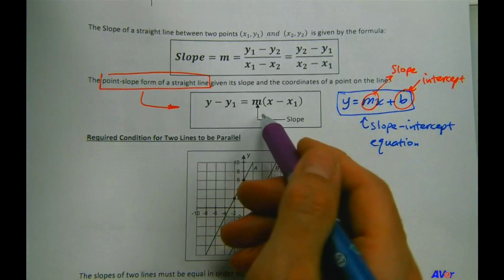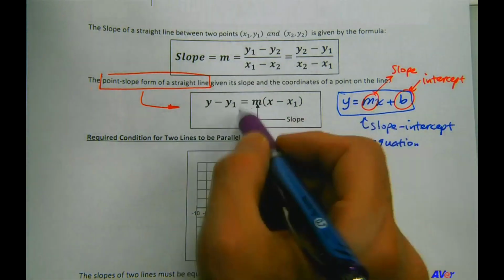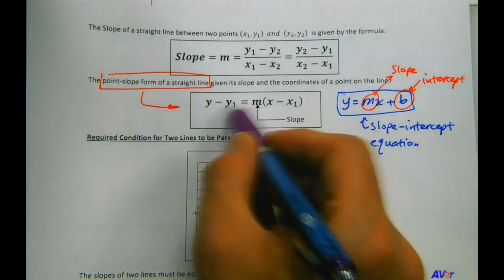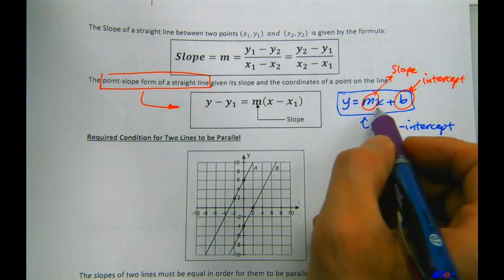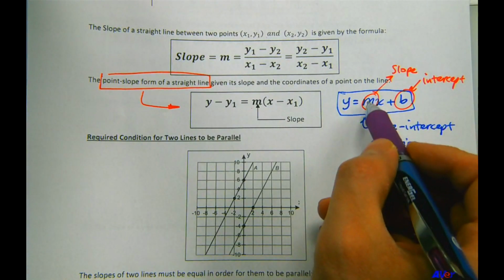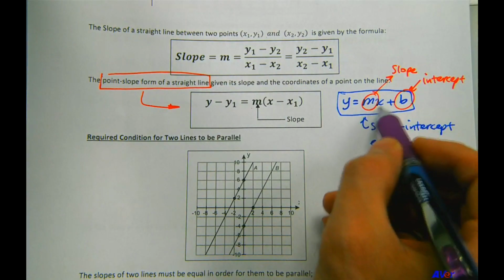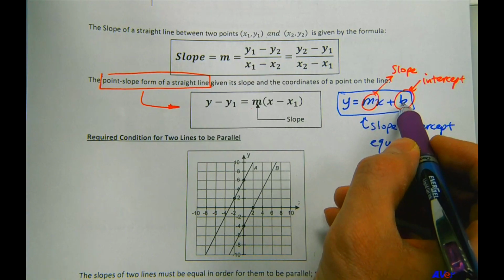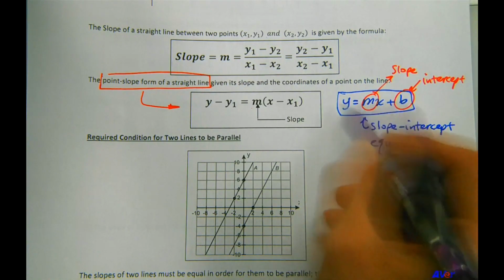This formula in general, used for that purpose, is more efficient than this, because once you know the coordinates of one of the points and the slope, you can just find the equation. Whereas with that one, you have to find the slope, then pick one of the points and find the intercept, and then put together the slope and the intercept to write the equation.